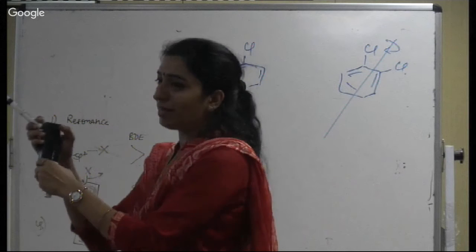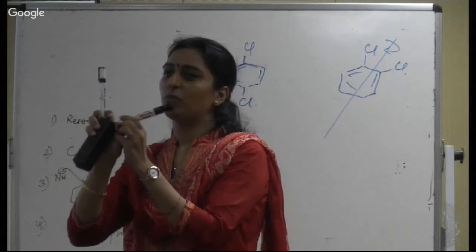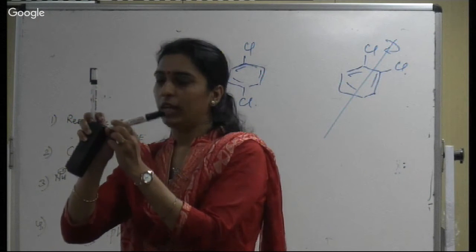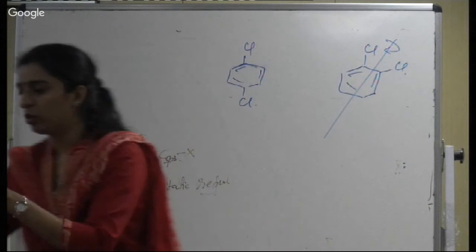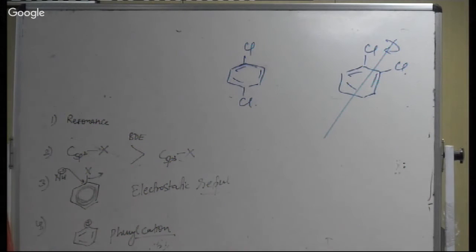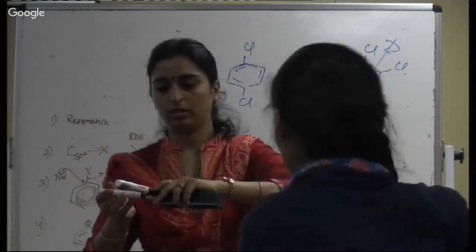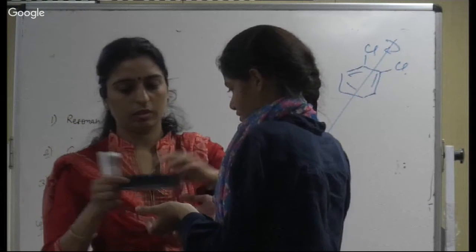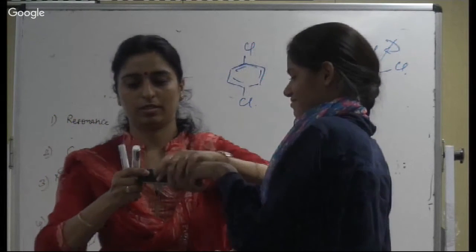Suppose you imagine this to be a benzene ring, and this is ortho-dichlorobenzene. If I put an identical molecule onto this, whenever the crystal lattice forms, can anybody come and hold it like this?